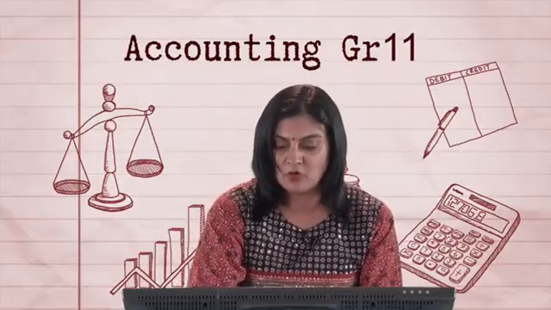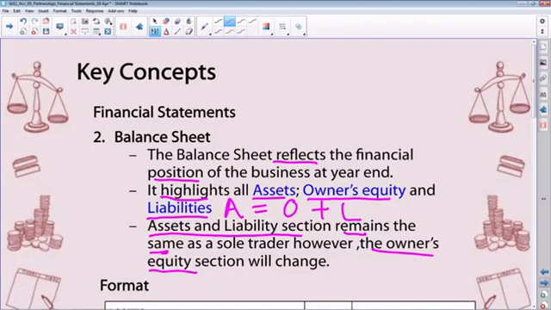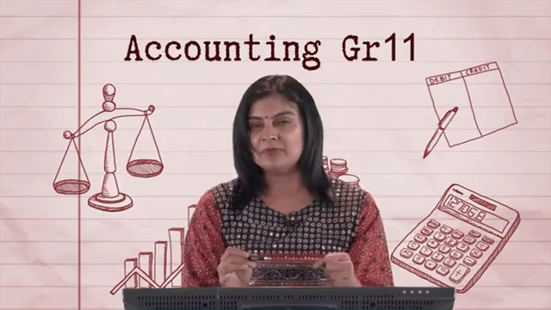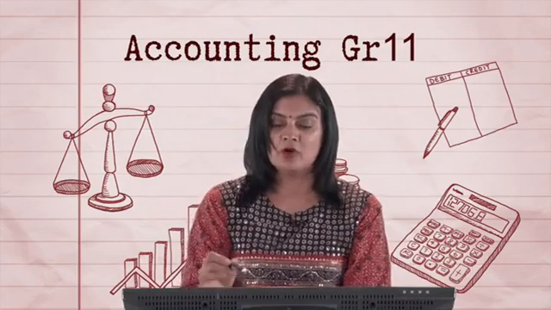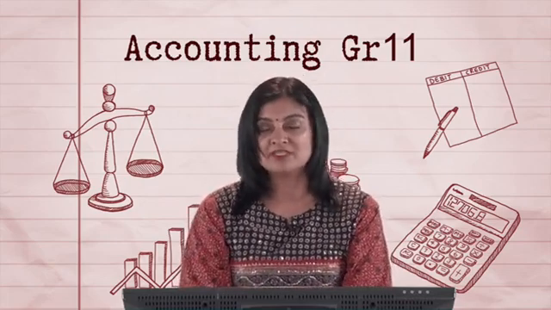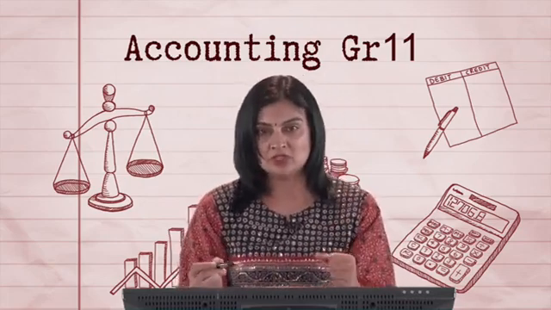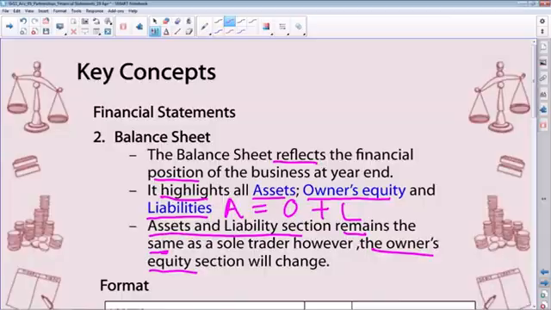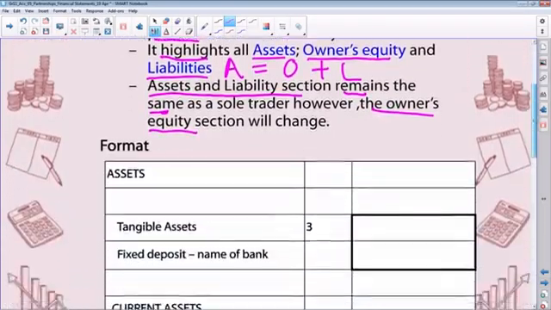The owner's equity section will change because remember guys, sole trader, you had just one owner contributing capital, whereas in a partnership that now changes. You now have two owners, sometimes up to a maximum of 20. Thank God, but your syllabus normally keeps it to two owners, so you've got to obviously now show owner's equity as per partnership requirements. Okay, so let's quickly go through the format.